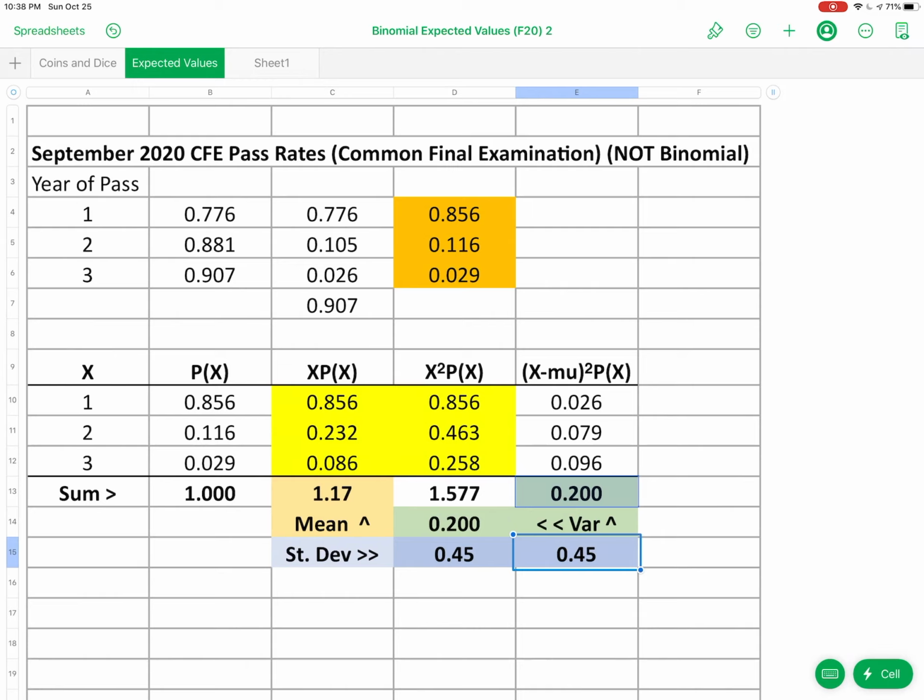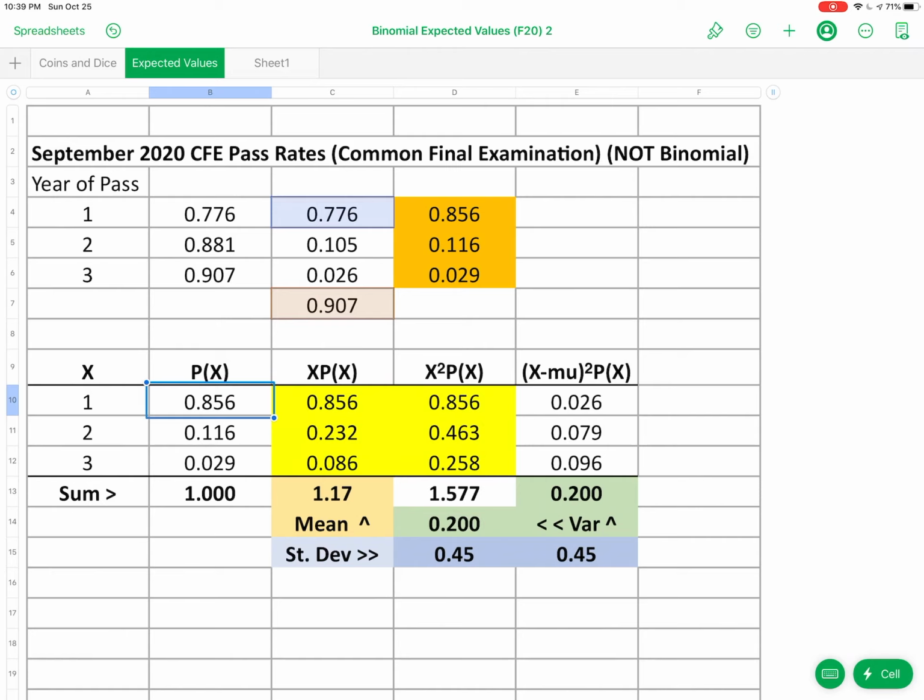So this is not a binomial distribution. A binomial distribution, remember, for one thing, you always have a 0 for an x value, so it would be 0, 1, 2, 3, but it's really what it's measuring. If this were a binomial distribution, it would be something like, what's the probability that you get your CFE in the first year? And that would be a p of 0.856, this guy right here.